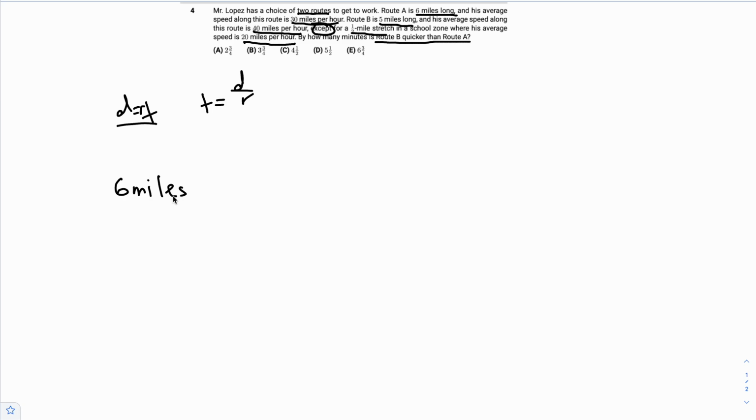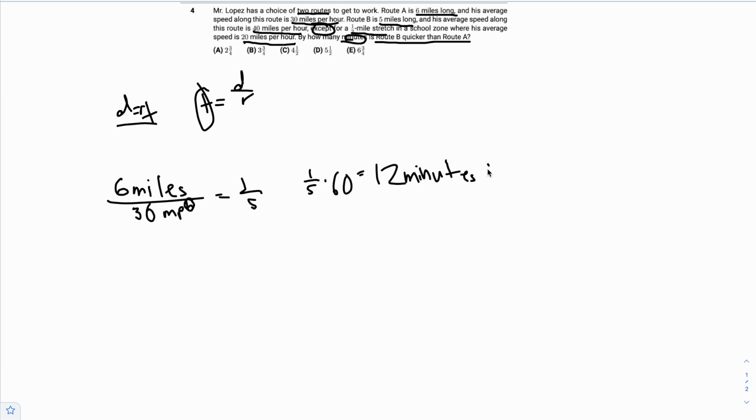Our distance is 6 miles and our rate is 30 miles per hour, so the time is 1/5 of an hour. Because we're asked for minutes, 1/5 times 60 is 12 minutes. So Route A takes 12 minutes for Mr. Lopez to get to work.